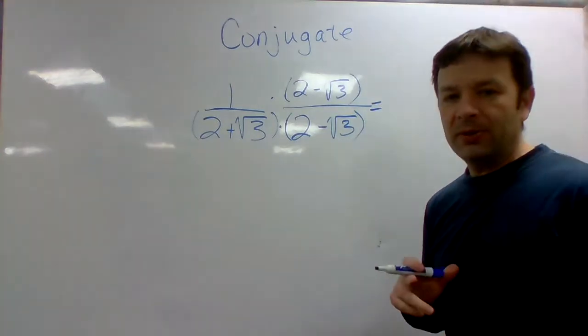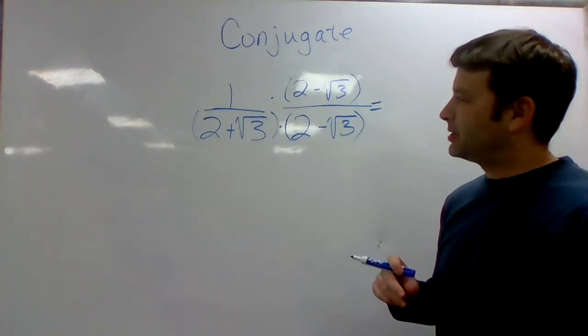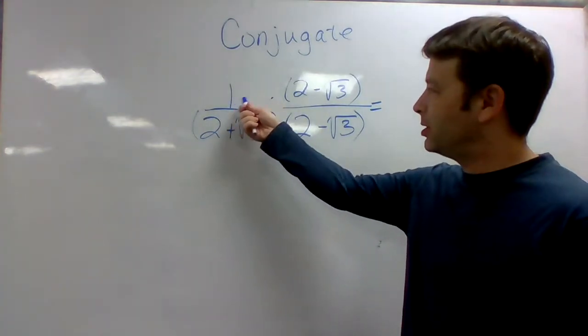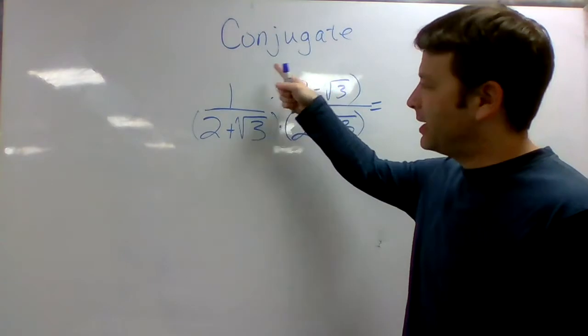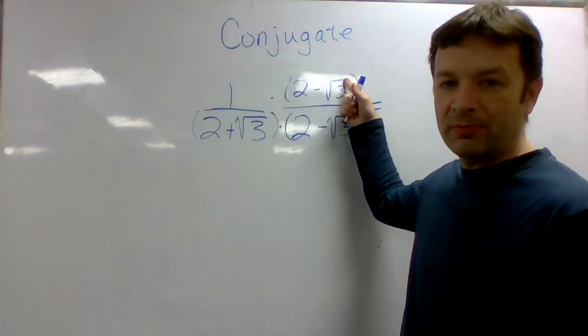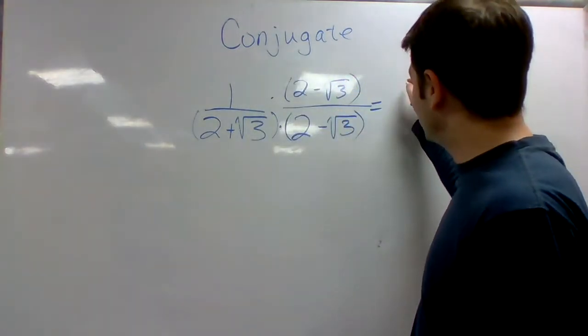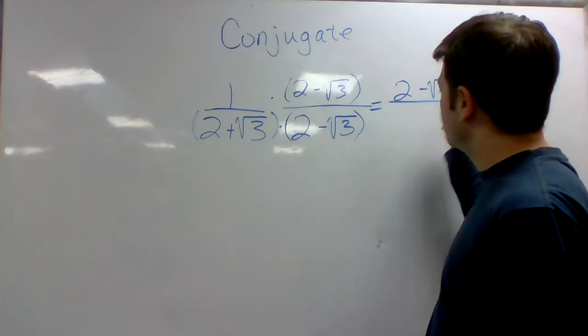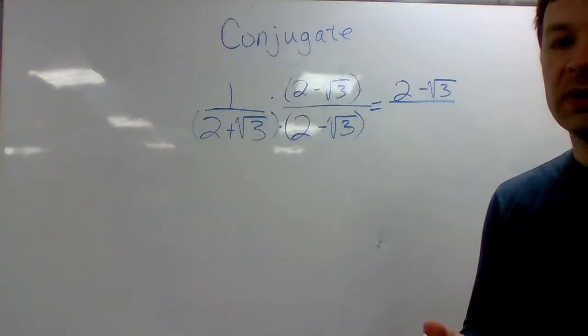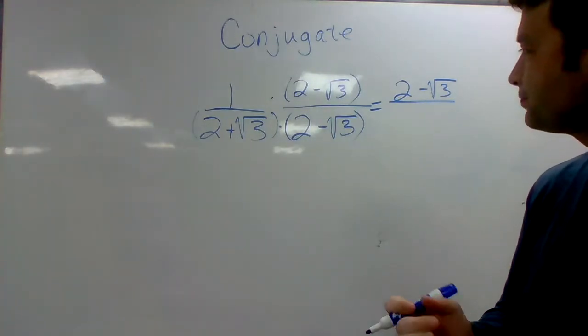All right, so let's start with the top, I guess. It's pretty easy. What's 1 times 2 minus square root of 3? Well, it's kind of the distributive property, but when you multiply by 1, it doesn't do anything. So the top is going to stay the same. Well, it's just going to be 2 minus square root of 3.